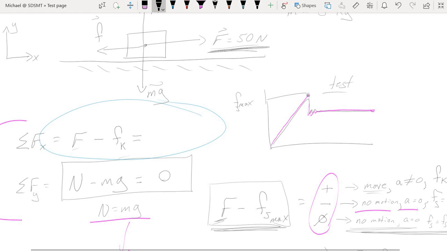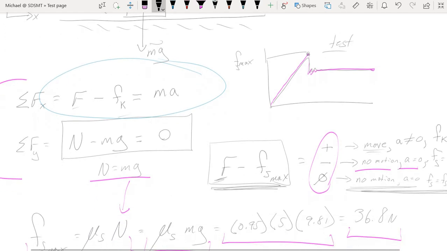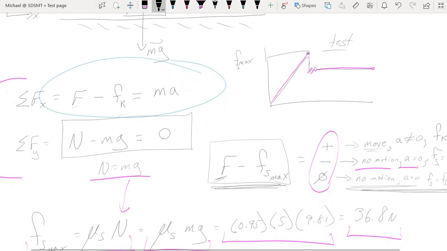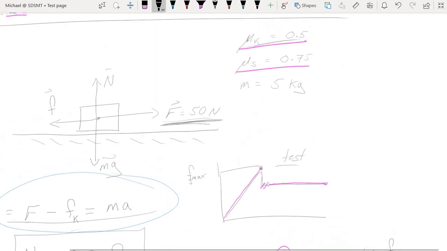So now we continue with the physics, and the next question that we're going to ask is, now that we know this block moves, how fast will it move? So how fast will this block start to accelerate? I'm going to bring this equation over here so that we can see all of the values as we go to plug them in.